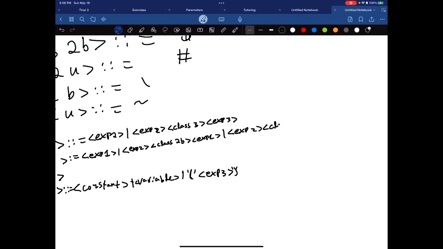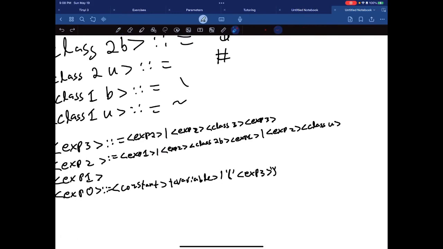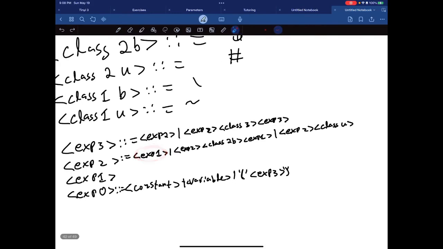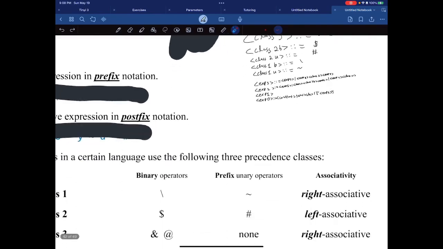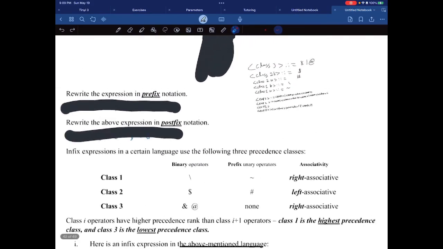You would say class U, and there wouldn't be another expression because it's unary, I think. And then from there, if you wanted it to be whatever you need it to, you can just call upon a special one. I'm not entirely sure. See, this one's weird because it has prefix unary, so this is not something he's given before.